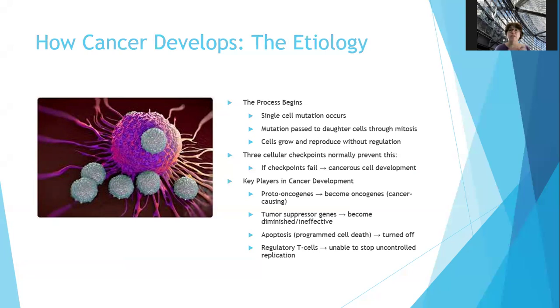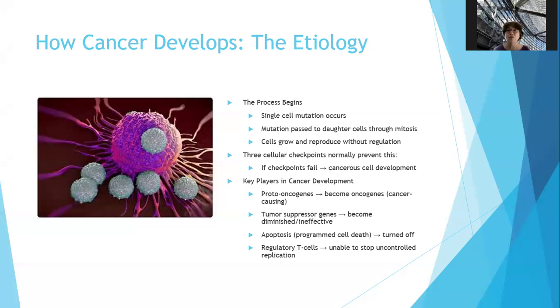So there are key players in cancer development. There are some genes that are called proto-oncogenes, and oncogenes are cancer-causing genes. So proto-oncogenes can become oncogenes. There are tumor suppressor genes, which can become diminished and ineffective. And then apoptosis is normal, but if it gets turned off, then that could cause a problem.